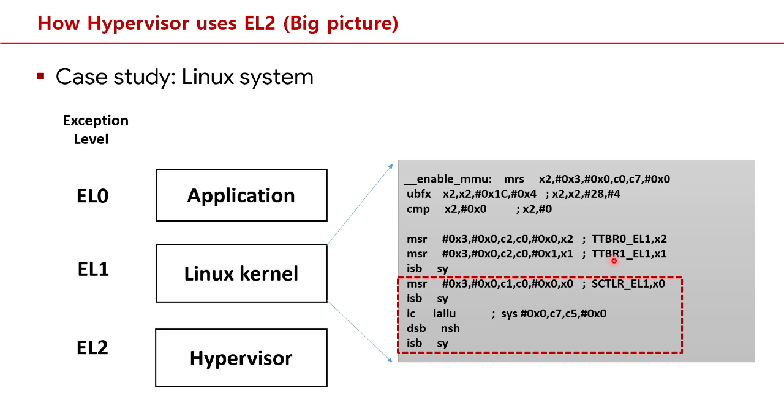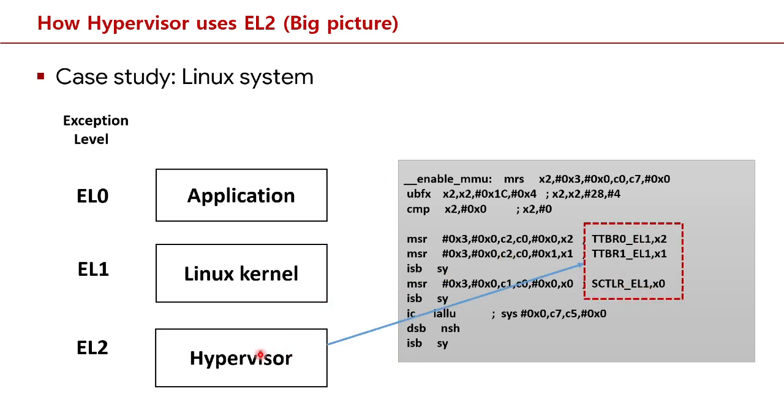Here, the TTBR1_EL1 register. As for this system register, it is called the system control register with EL1. But remember that the hypervisor can access those kinds of system registers to monitor the workload of each guest OS, to identify some of the configuration that is already done at exception level 1.